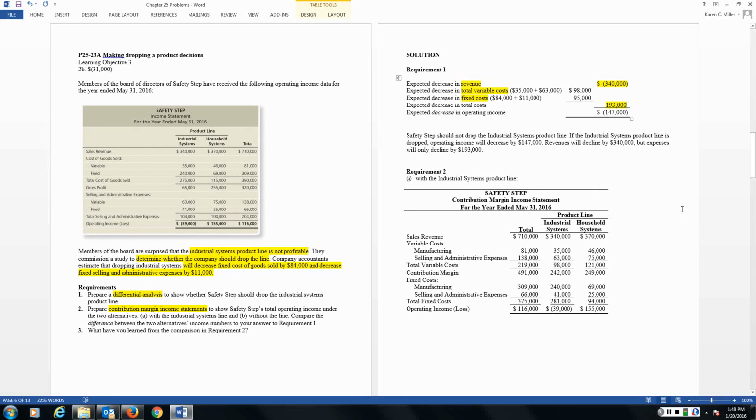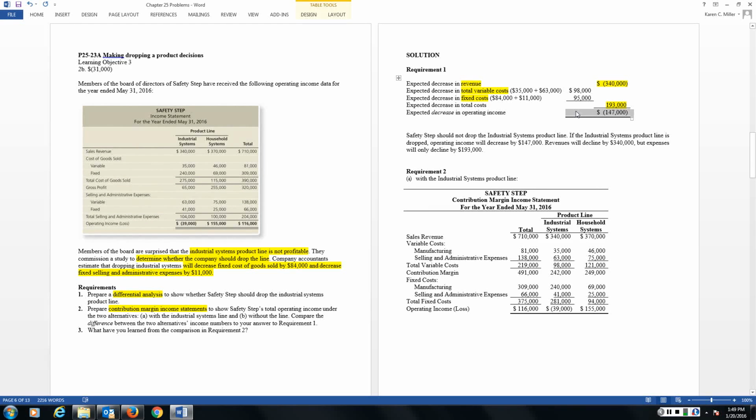So if I eliminate this product line, I am going to decrease my operating income by $147,000. This would not be a wise move. And so this is our differential analysis. What changes? Revenue goes down, these expenses go down. This would be my anticipated decrease in operating income.